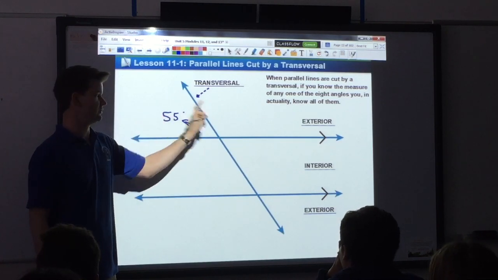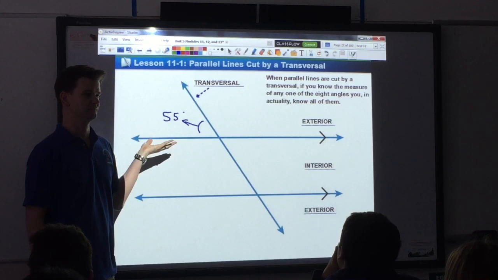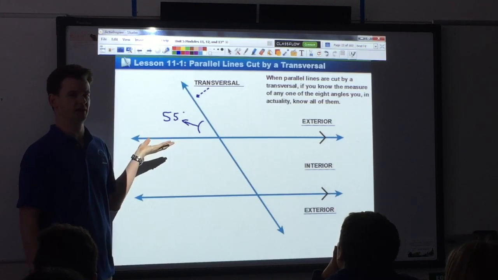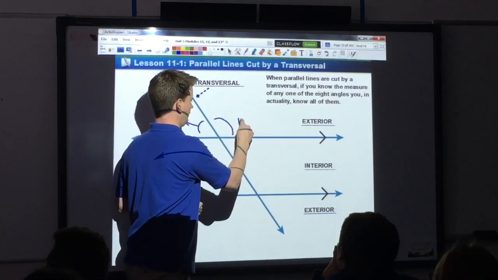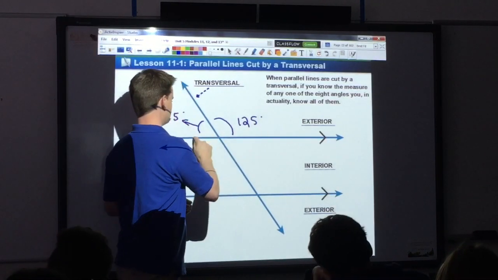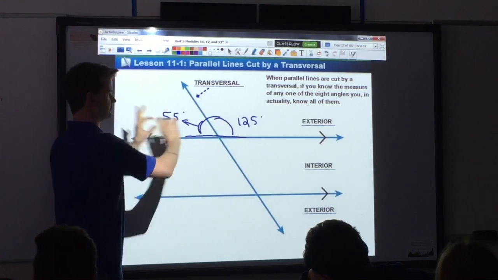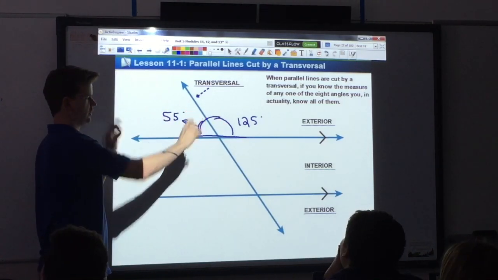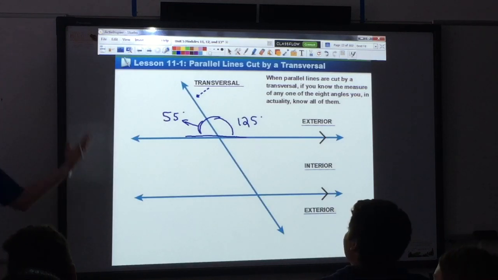And that means that every single obtuse angle here would be, anybody? 125. This would have to be 125 because together they form a straight angle or half a circle, which means that together these two have to equal 180.